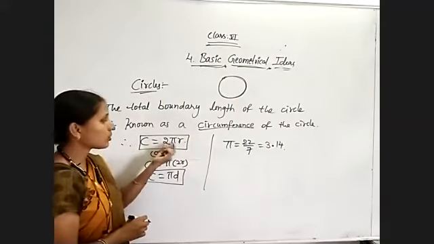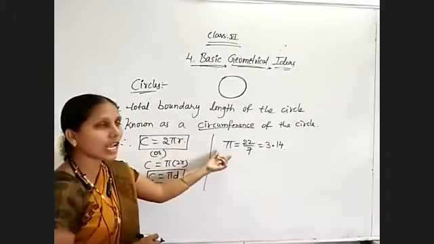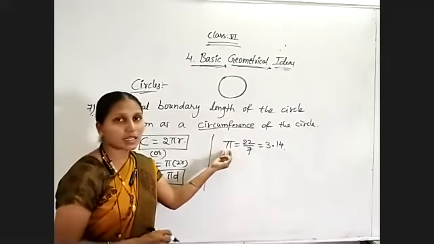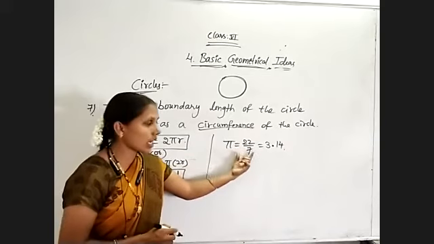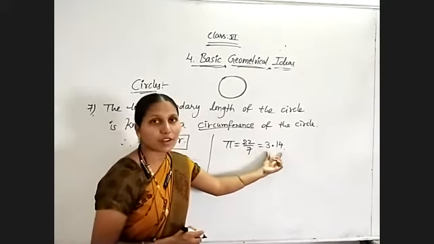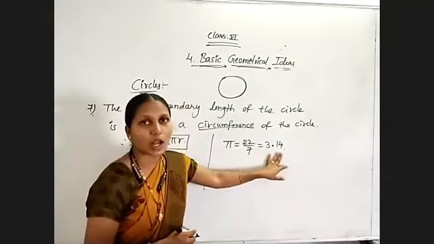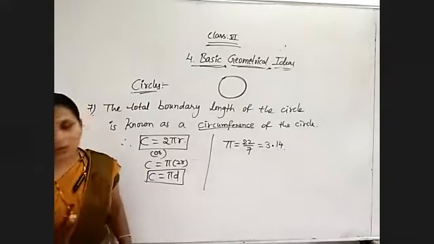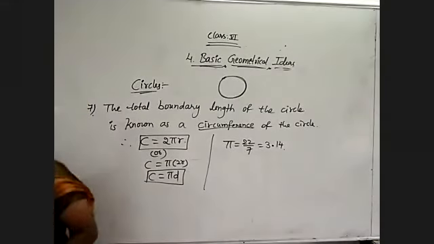Here pi is the constant value, and this value is also important. You must remember this. It is read as pi. Its value is given in fractional form as 22/7, in decimal form 3.14, and this is not the exact value, approximately given for our calculation. Okay, now coming to some other parts of the circle.